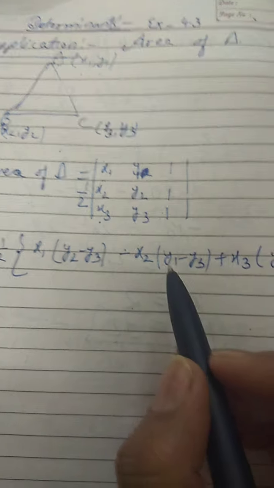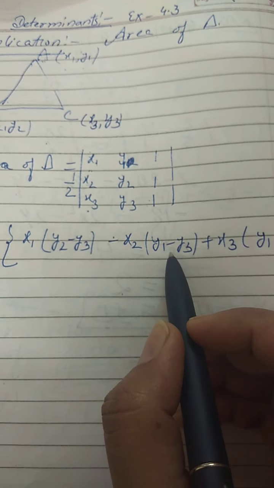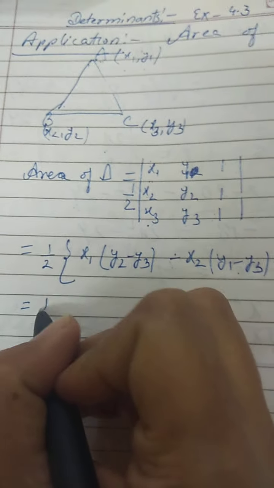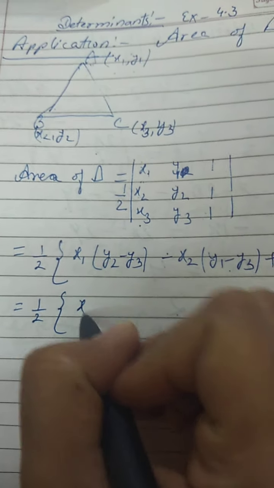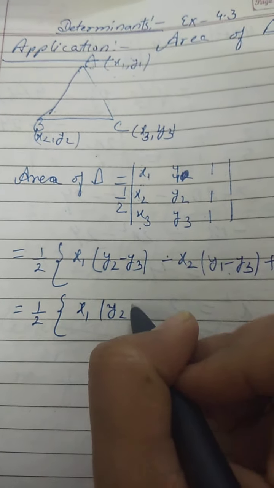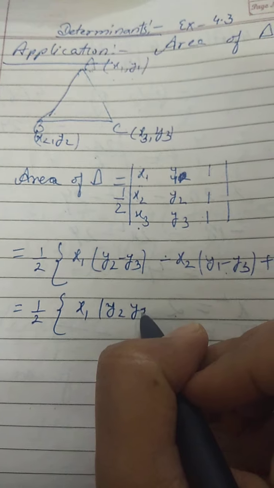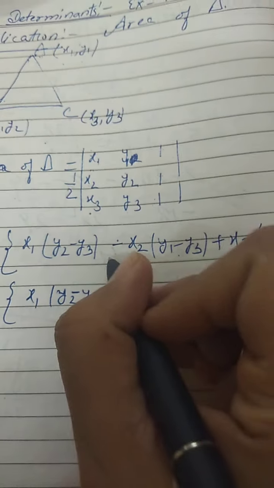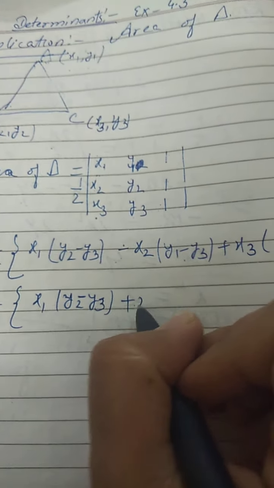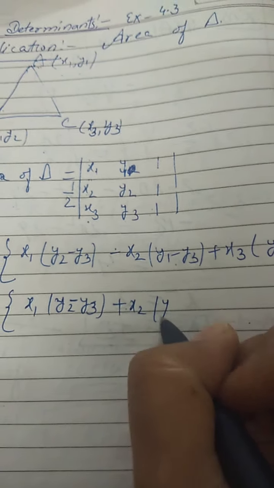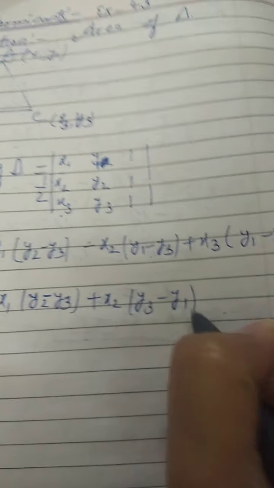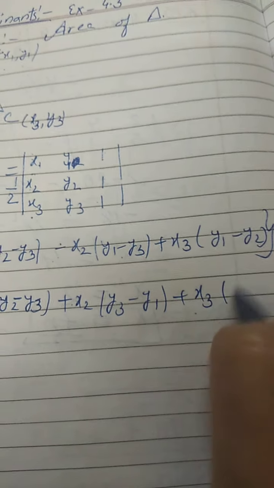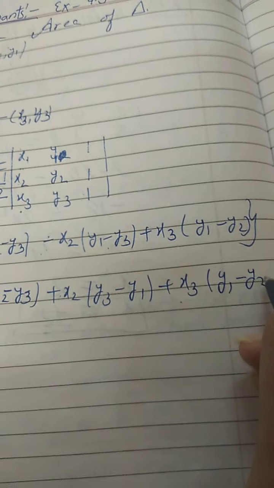If I make a small change here and take the minus sign common, then you get your previous formula. It was x1 (y2 minus y3), then taking the minus sign common, it becomes plus x2 (y3 minus y1), and plus x3 (y1 minus y2).